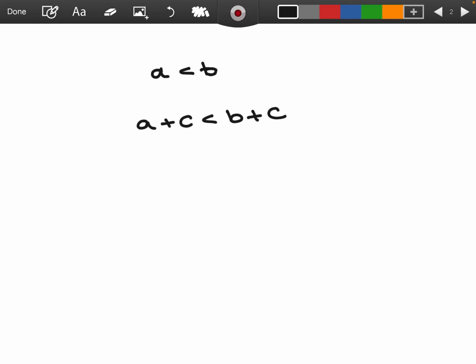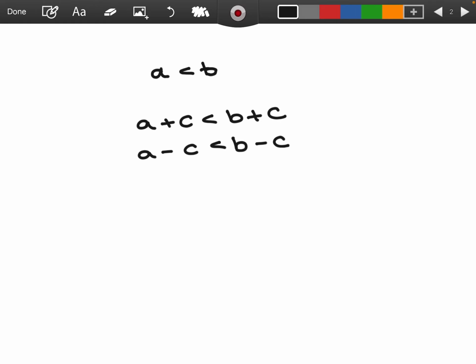It doesn't matter if C is positive or negative, we can add it to both sides and that inequality still remains true. Same is true if you subtract a value from both sides. As long as you do that to both sides of the inequality, it is still satisfied. Again, it doesn't matter if C is positive or negative. As long as you do it to both sides, then the inequality will always hold true. So this holds for all four of our inequalities: less than, greater than, less than or equal to, and greater than or equal to.